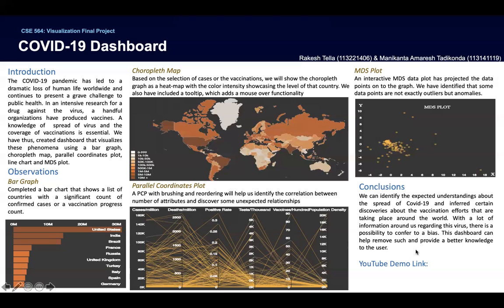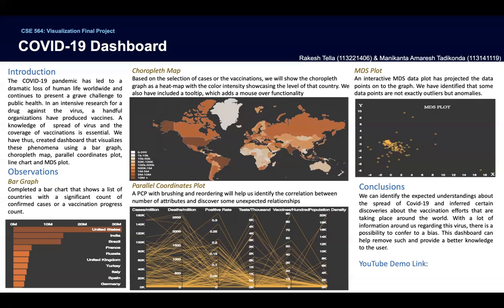In the parallel coordinate plots, we have identified certain attributes to draw some interesting correlations between them. Similarly, in the MDS plot, we are pointing each country as a data point, and with the help of brushing and linking, we are trying to draw some inferences.